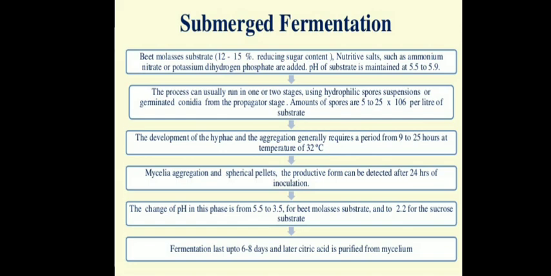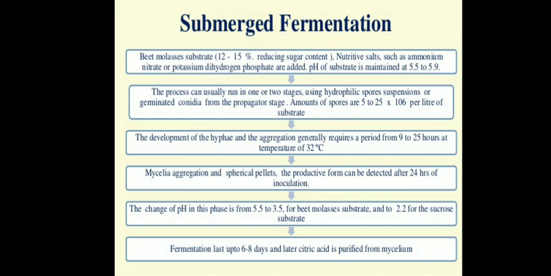So, first, we have designed the medium which contains beet molasses, nutritive salts, ammonium nitrate or potassium dihydrogen phosphate, with near about 12 to 15% of reducing sugar, and the pH of this medium is adjusted to 5.5 to 5.9.